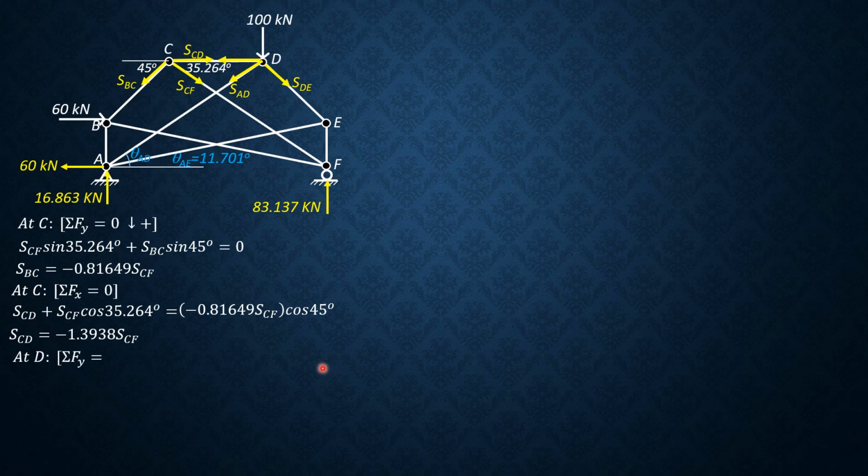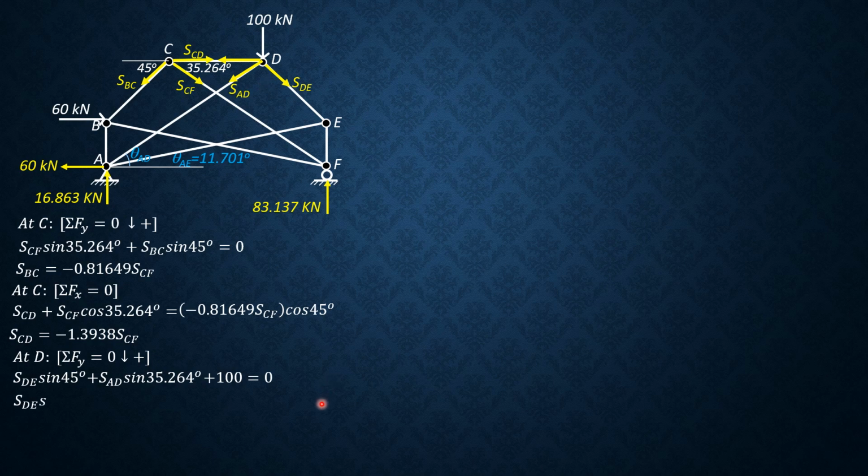At D, summation forces Y first equals 0, downward positive. So SDE sine of 45 plus SAD sine of 35.264, then plus 100 equals 0, because downward is treated positive.